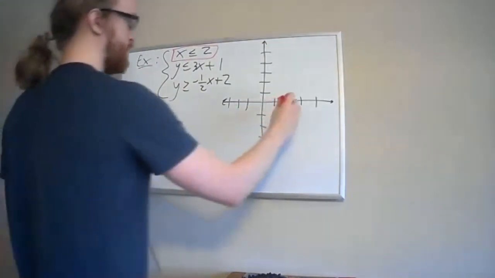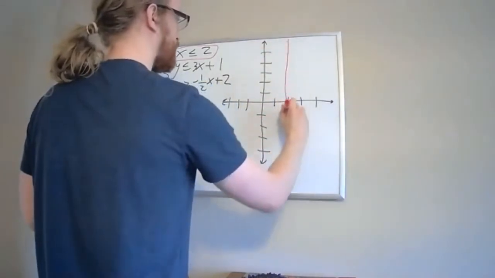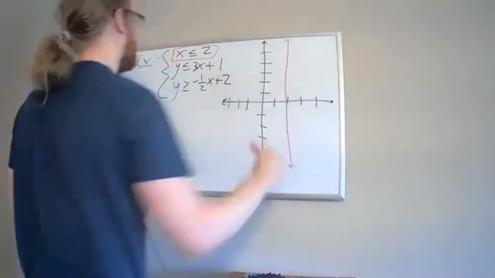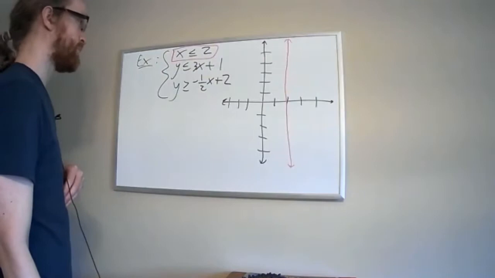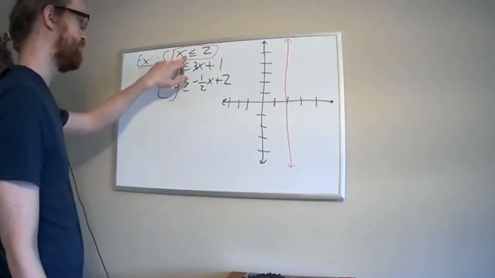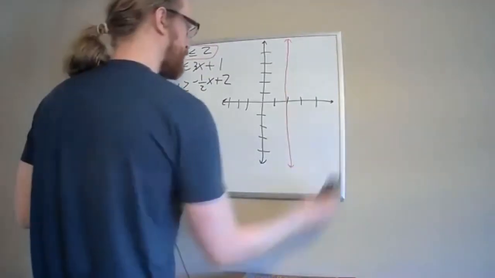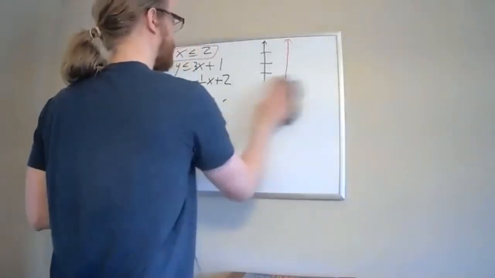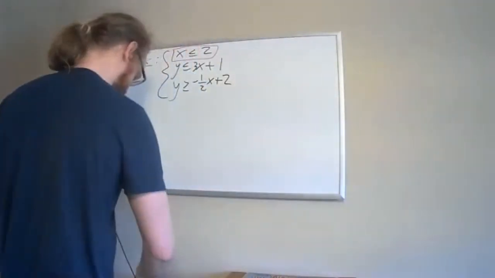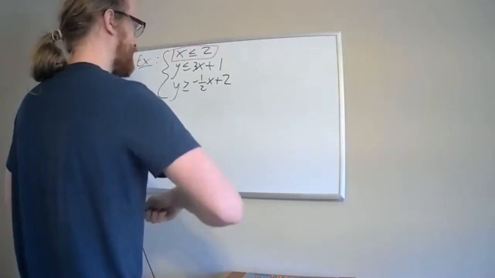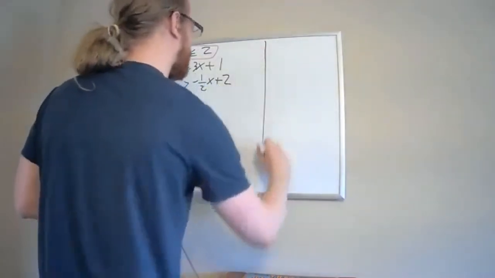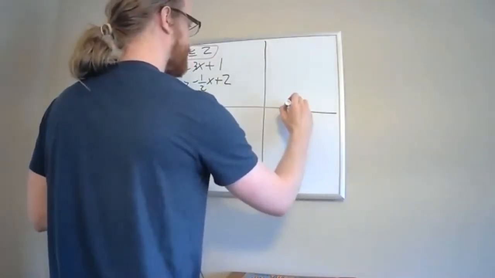It's a vertical line through x equals 2. And since I'm doing x less than or equal to 2, I think I want to draw this graph a little bigger. So let me, apologies here, let me just redraw this a little, make the tick marks a little more spaced out to make the picture a little clearer. 1, 2.